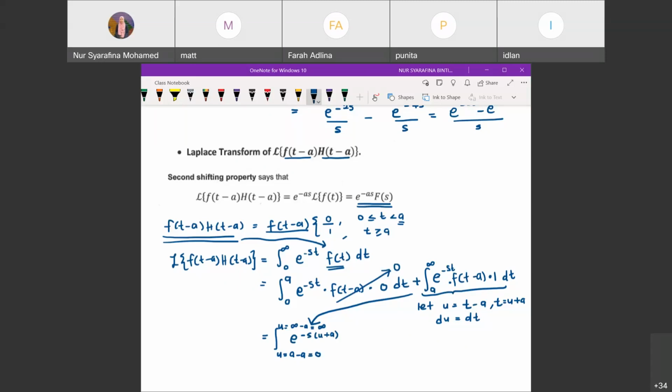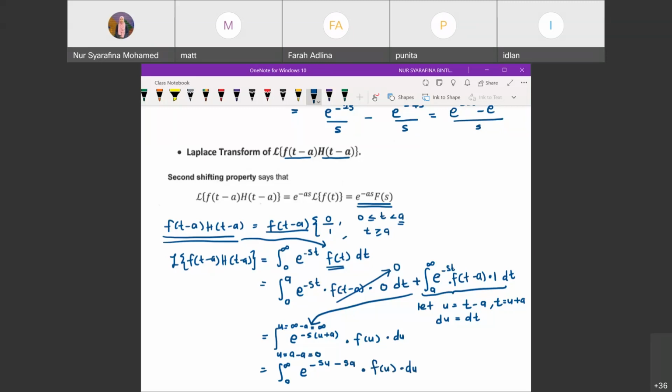Okay, now e to the negative st is e to the negative s(u plus a), because t is u plus a, and f(u) du, right? So here we have 0 to infinity, e to the negative su minus sa times f(u) du.